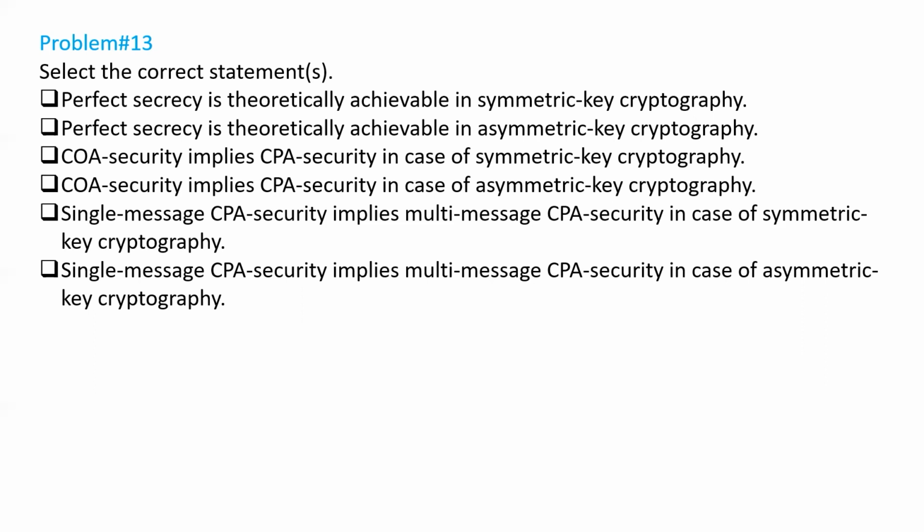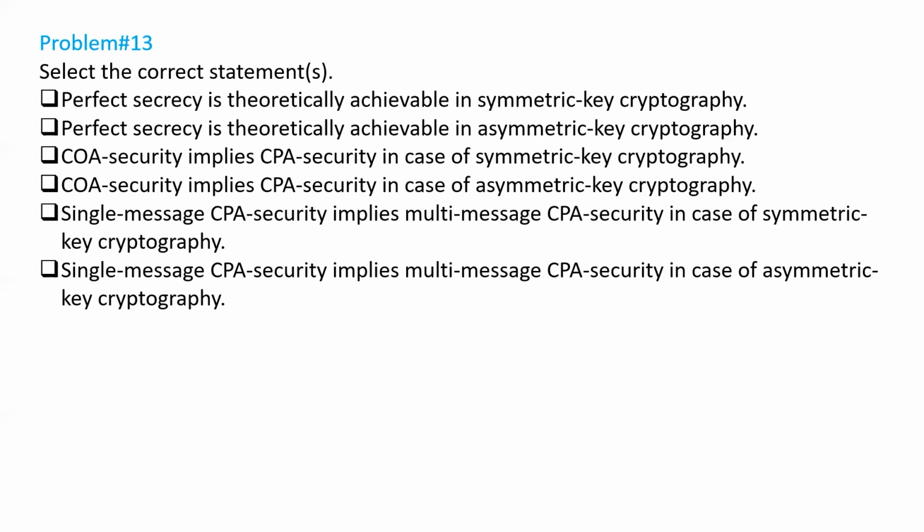It cannot effectively distinguish whether it is an encryption of M0 or an encryption of M1. That is COA security. In case of CPA security, the adversary is given access to an encryption oracle, where it can use the oracle to see message-ciphertext pairs of messages of its own choice. Polynomially many such pairs can be seen, and CPA security says that still the adversary should not be able to distinguish the encryption of M0 from the encryption of M1. That is the symmetric key case.